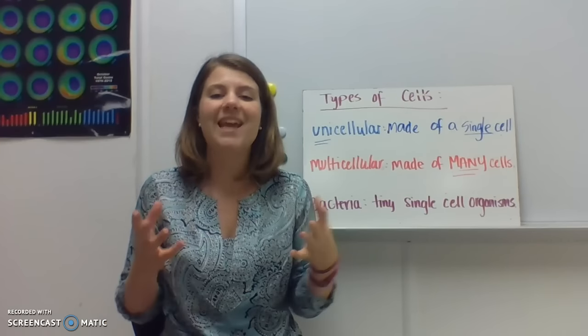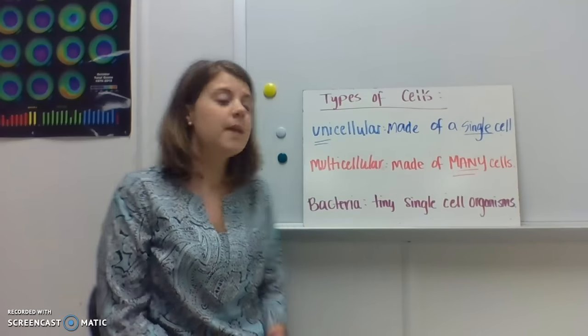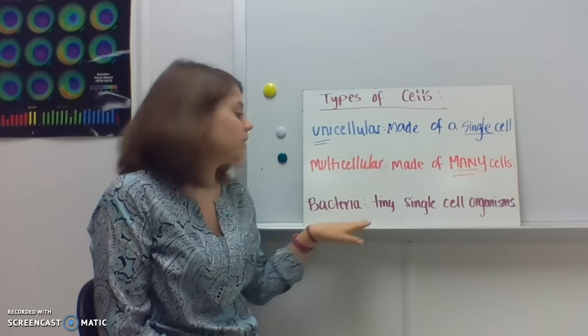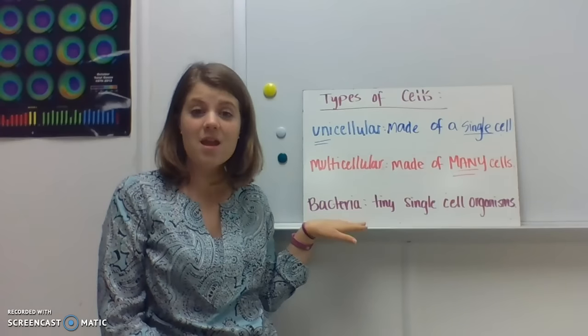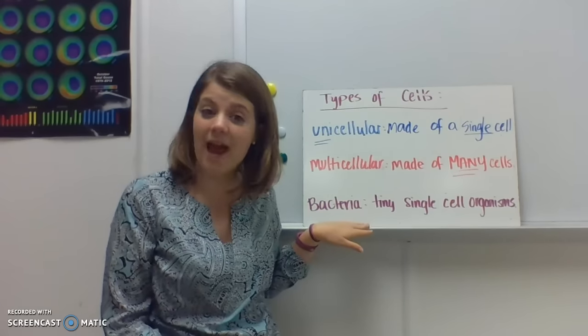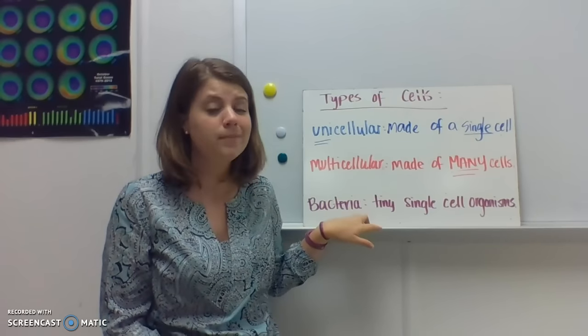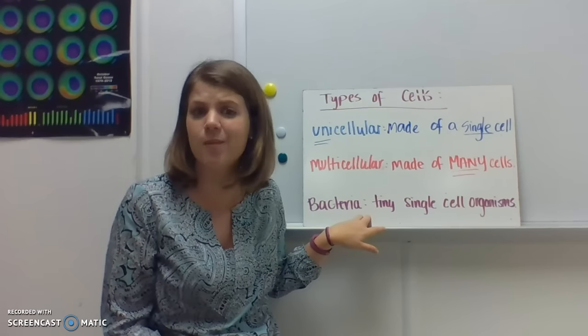All right, plants have root cells, and they have a variety as well. And then there's a third one, bacteria. Bacteria are tiny single-cell organisms, and you've probably heard about this a lot. Bacteria can be good, and bacteria can be bad. In your body, you have really good bacteria, and in your body, you most likely have some bad bacteria too, especially if you're touching your desk right now.